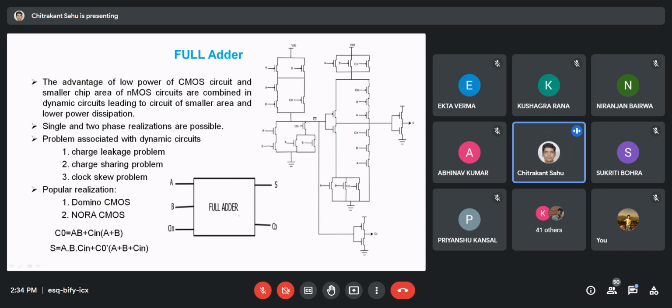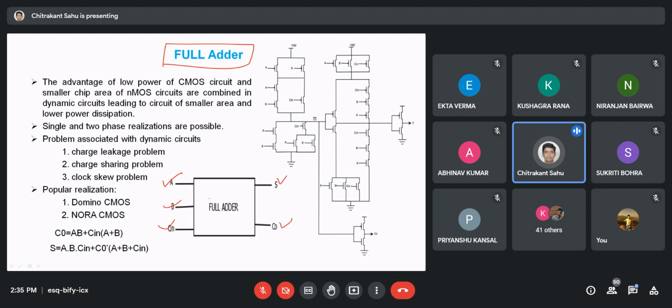I am just giving an example of a full adder circuit. What kind of full adder circuit are we going to design? You might be aware of the equation of the full adder circuit. It is simple: there will be three inputs, the inputs A and B, and the third input will be the carry in, and the outputs are sum and carry out.